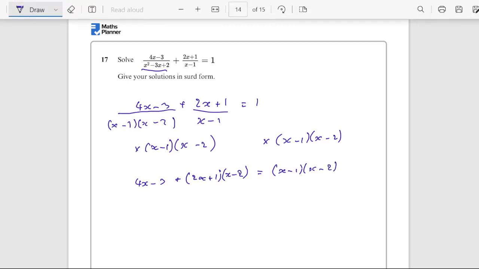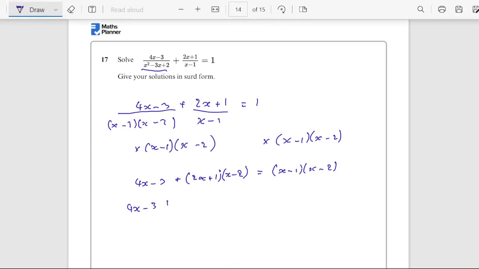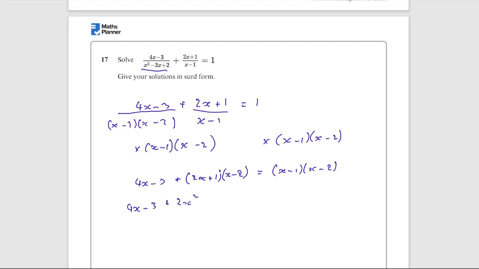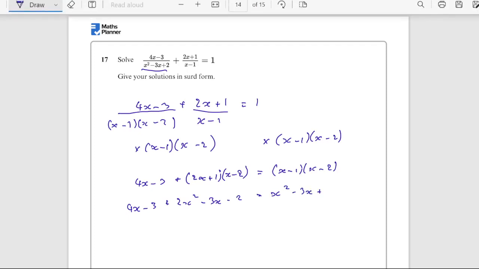Right, let's multiply out these brackets then. So we're going to have 4x minus 3 plus, that's going to give me 2x squared. Then I'm going to have minus 4 plus 1, so that's going to be minus 3x. And then my number part is going to be minus 2, and that's going to be equal to x squared minus 3x. And this is the same as this really, plus 2.